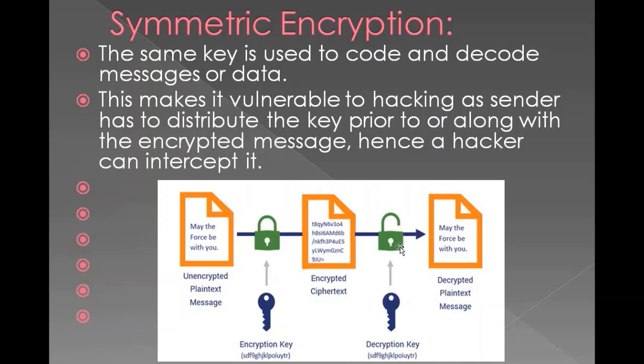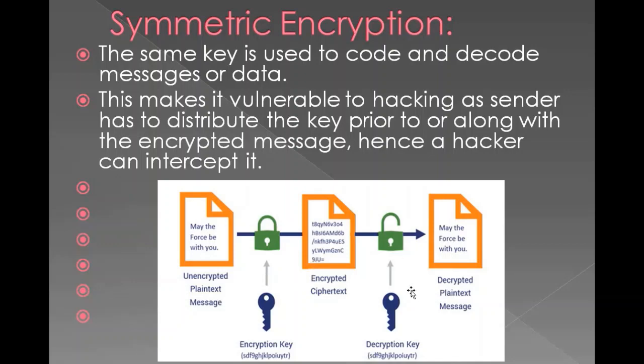The receiver uses this decryption key and decrypts the message and reads it: may the force be with you. Now what happens is that when you are sending the ciphertext and the key together in the same message, then if the hacker intercepts your message, he will have the key to decrypt the message and read it.